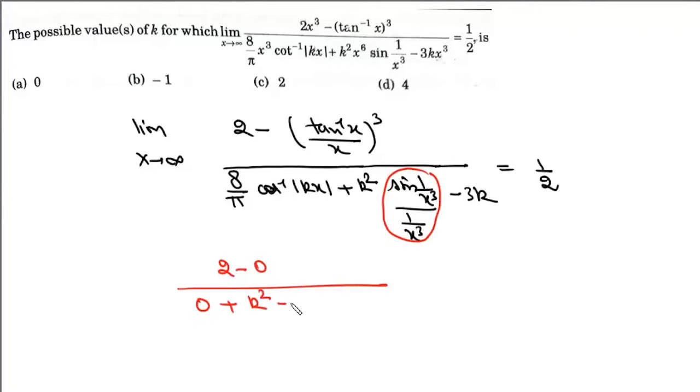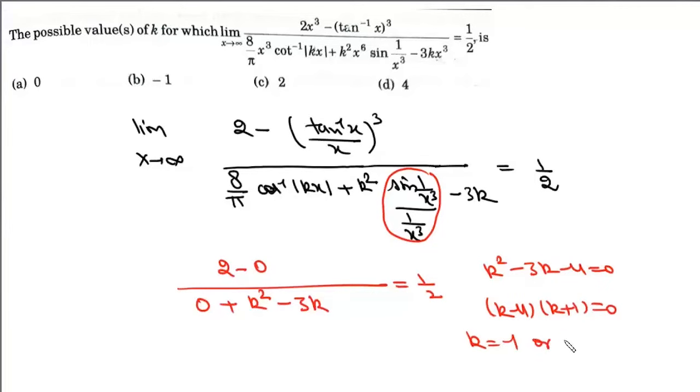So it will be k square minus 3k, that is equal to 1 by 2. So from here we can write k square minus 3k minus 4 equals 0. So it will be k minus 4 into k plus 1 equals 0. So the value of k is either minus 1 or 4. That means the possible values are minus 1 and 4.